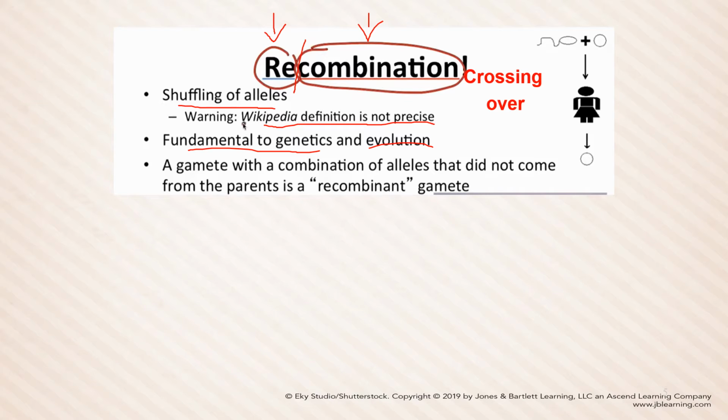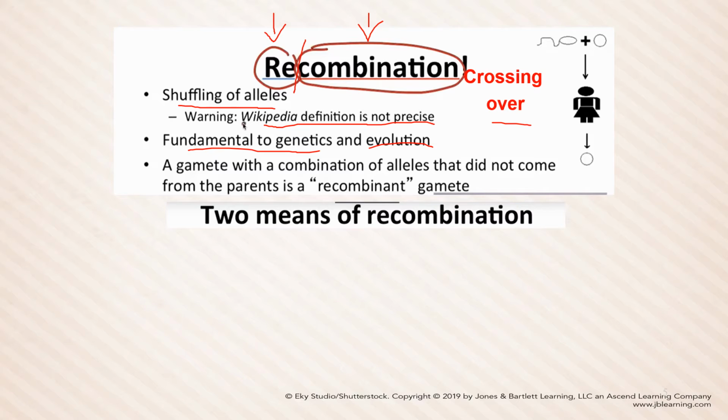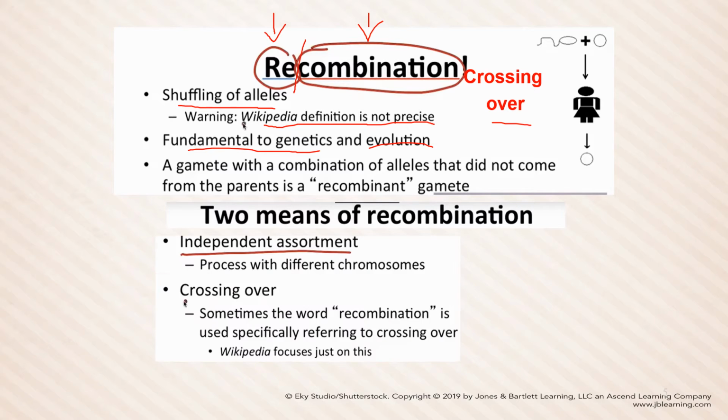And one way is using crossing over. And so there are two ways of defining recombination. One could be through independent assortment. You have a male and a female, a sperm and an egg, and then you are going to mix the information of these two.